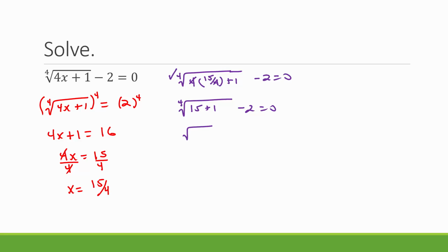Fifteen plus 1 is 16. The 4th root of 16, well, we just said 2 to the 4th power is 16, so the 4th root of 16 would be 2. 2 minus 2 is 0. 0 equals 0. That checks out. So 15 fourths is a good solution.